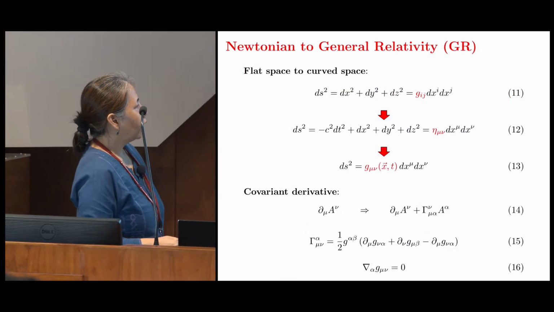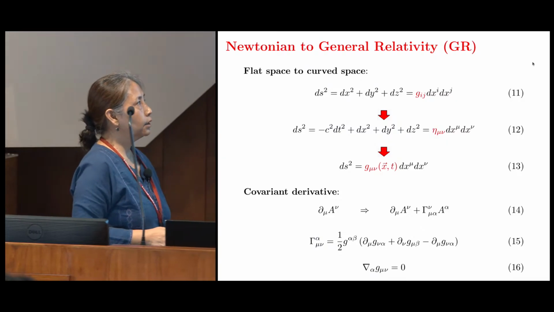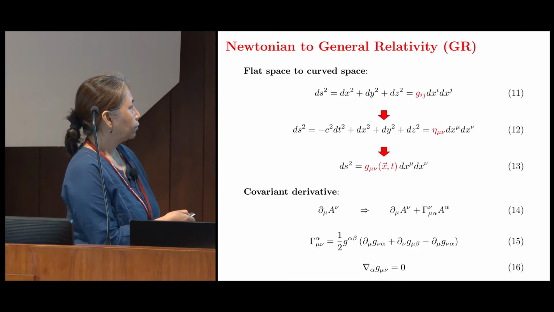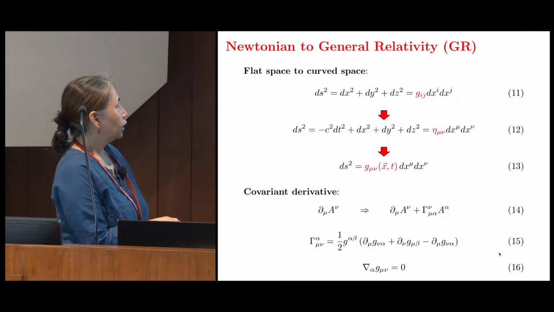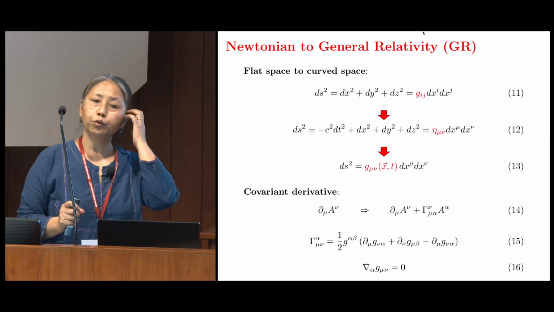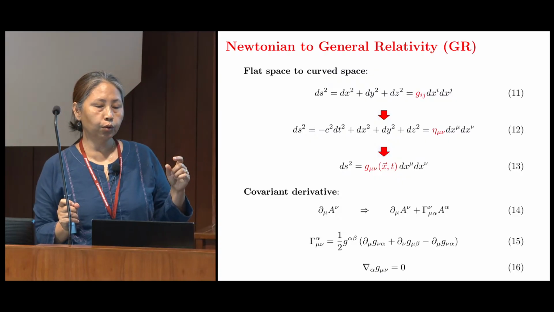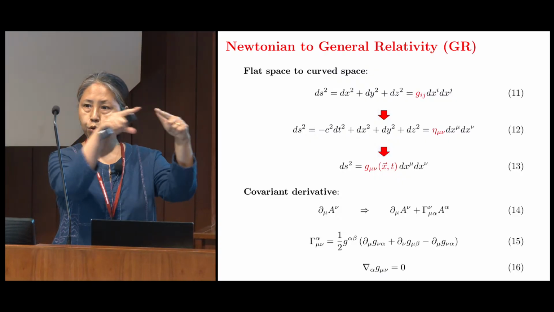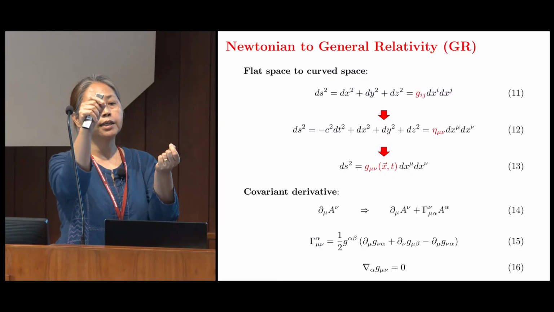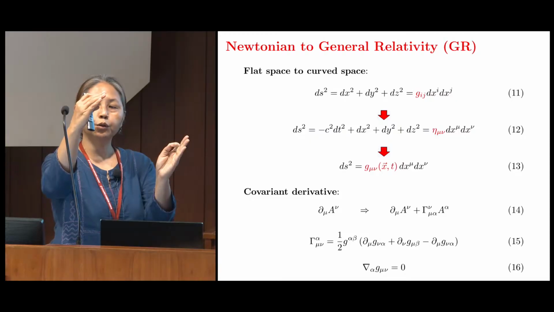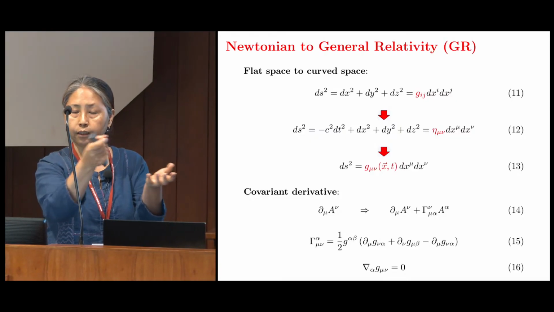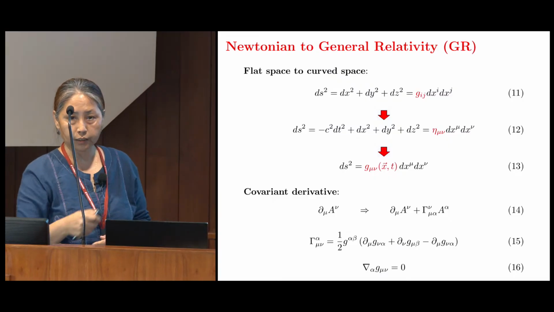Okay, so if you have this, what is the issue that comes in? The definition of vectors: you have to be careful now. In flat space, when you define a vector, you set up your origin and coordinate system, and in your mind you will probably draw a line and put an arrow, where the magnitude of the line is the strength of the vector and the arrow goes in the direction.